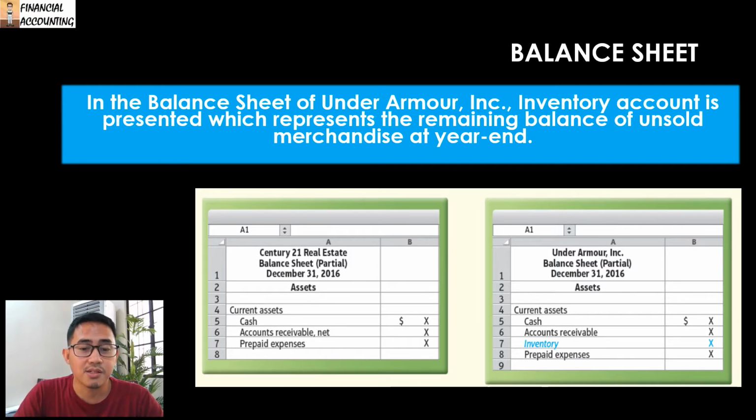So they still have inventory, but generally speaking, that inventory is low level as compared to a merchandising type of business. Because in a merchandising type of business, they generate income or revenue based on selling goods, therefore there is a considerable amount of inventory in their balance sheet.